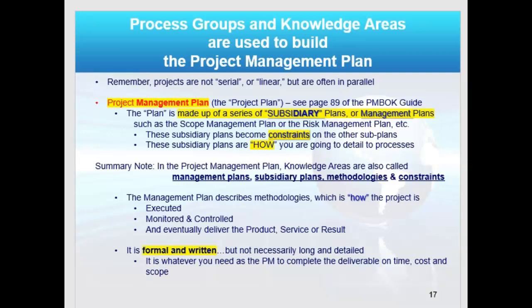So the project management plan tells me how I'm going to do the whole project, and a scope management plan describes how I'm going to manage and guide and execute and control scope. A schedule management plan tells me how I'm going to execute and control schedule, etc. Right? It can be formal or informal. It's up to you. It's whatever you need to be a success on the project.